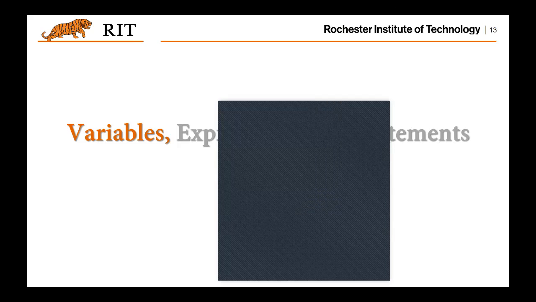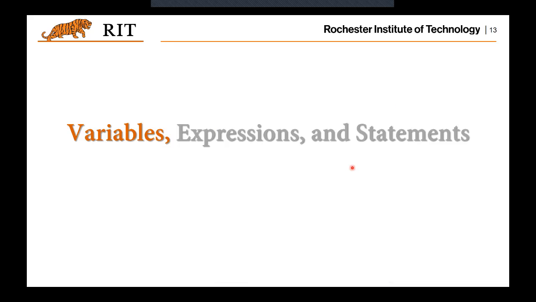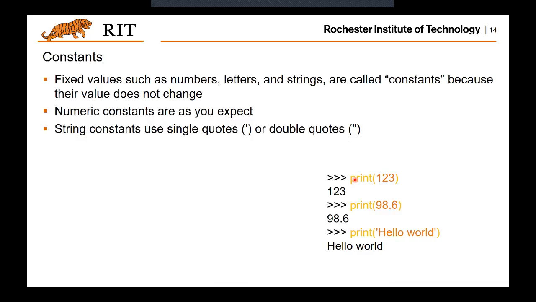But I would say the key for a variable is that it is supposed to be changed, right? That's the idea of variables. So in contrast, there are some other numbers which are fixed numbers. We call them constants, right? These are the fixed values, and there are different types.